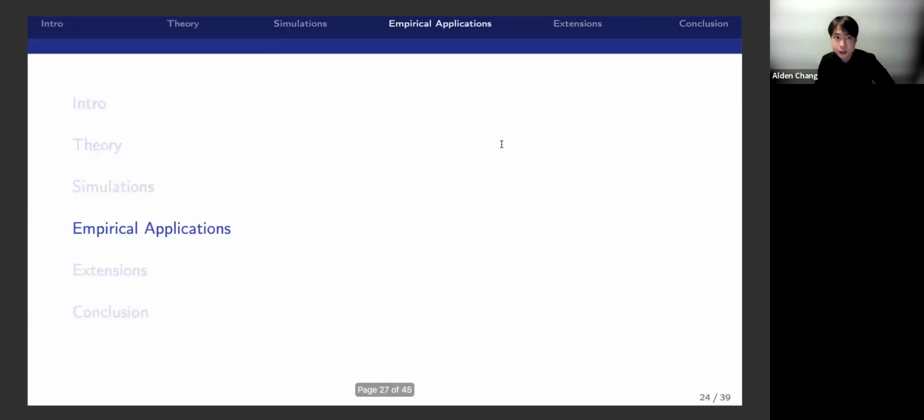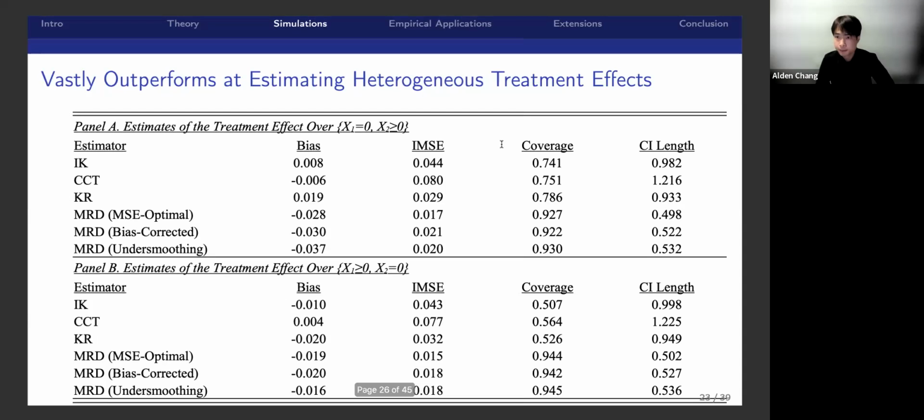Okay, so those are the simulation results, and basically the takeaway is that it really outperforms single dimensional methods if we are estimating heterogeneous treatment effects. And also, even if we are only interested in constant treatment effects, it tends to be more precise.